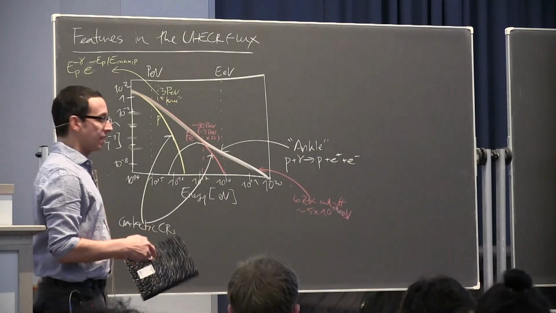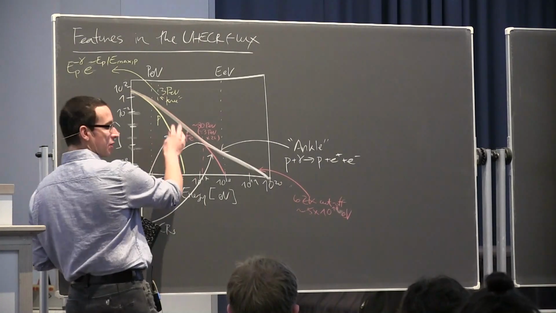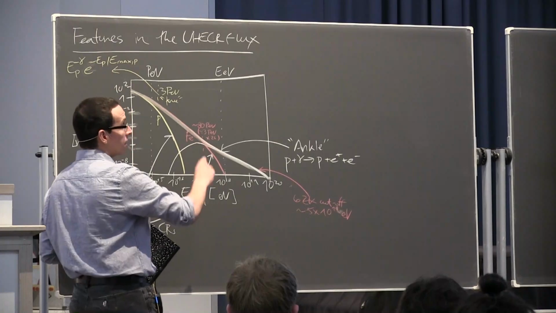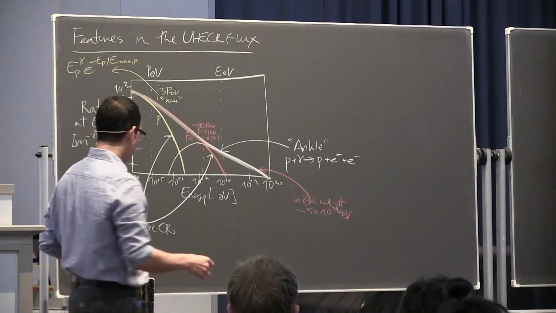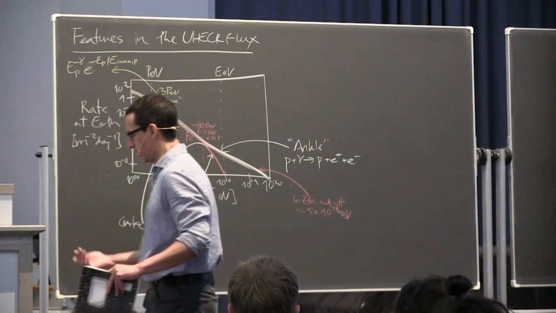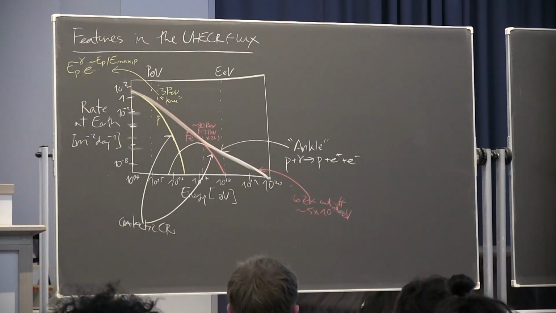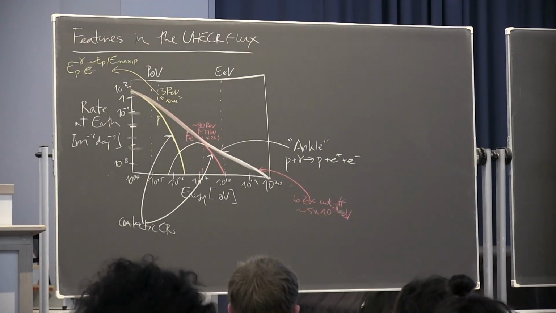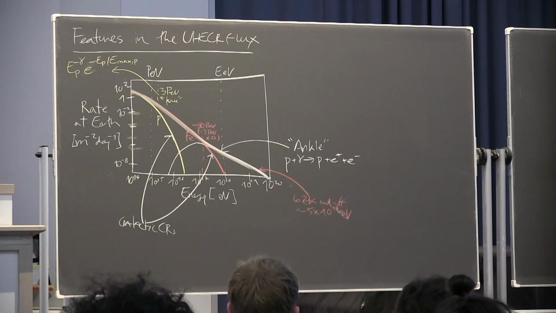Okay, so this is the basic picture of what the features in the cosmic ray flux are: knee, second knee, and ankle. But that has been the working picture for a few decades at this point. But today we're at a point where we have accumulated so much data that we can do better.